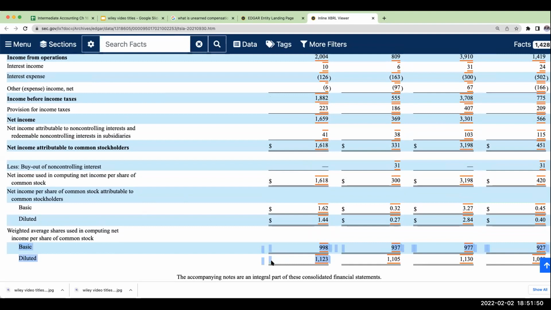What exactly does that mean? Basic earnings per share are those shares that have actually been issued. Diluted shares are what if we had convertible bonds, what if we had stock options, or other securities that could result in the issuance of more shares of common stock. It could be warrants, but the key is that basic is the actual shares outstanding, and diluted are those potential shares.